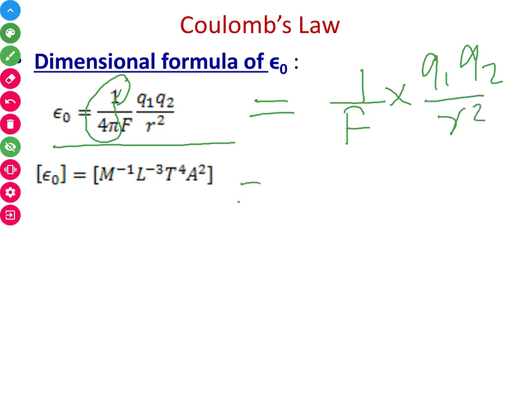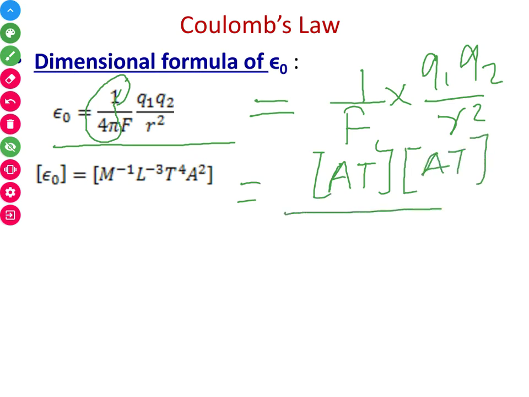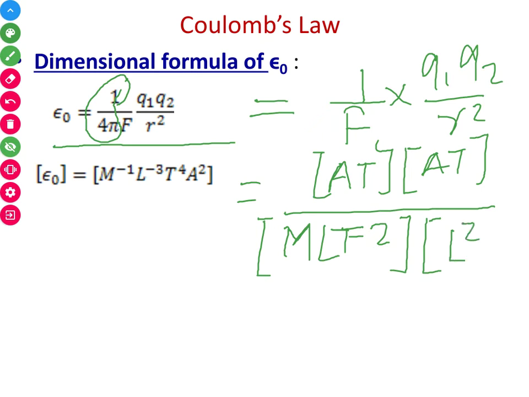We all know the dimensional formula of Q1 is A into T, and again Q2 is A into T. Force is mass into acceleration, that is M L T to the power minus 2, and r square is a distance squared, so its dimension is L square.